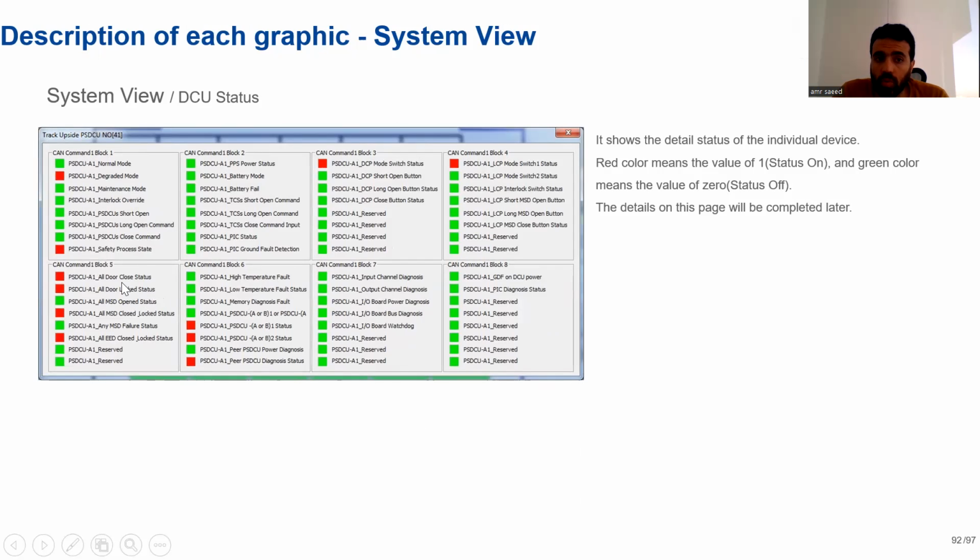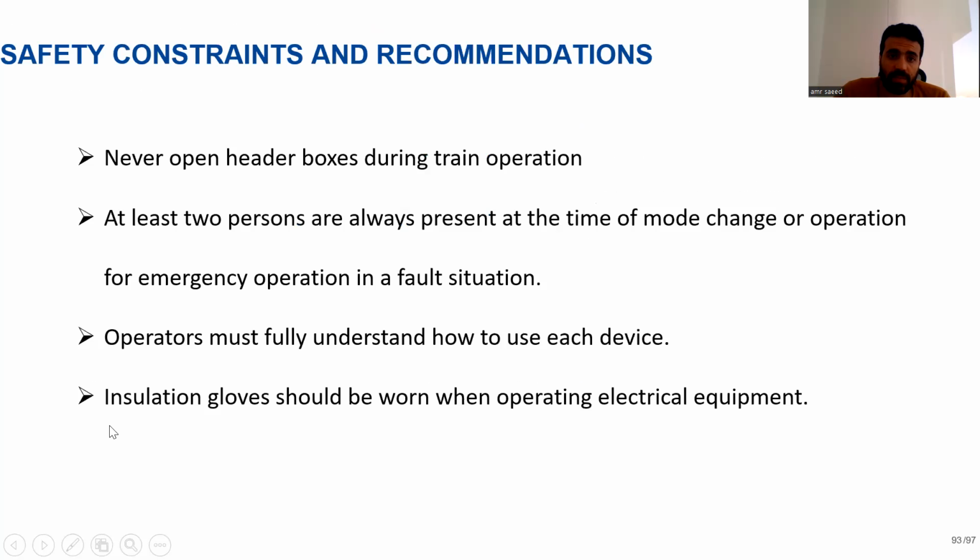Here, auto close or open MCD. If there is a temperature failure, high temperature, you can find it here, and here the diagnosis of channels. If you understand and know the indication of everything, you will find the error easily and fix it easily.